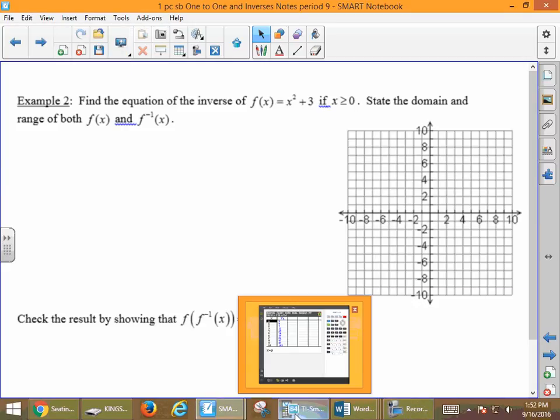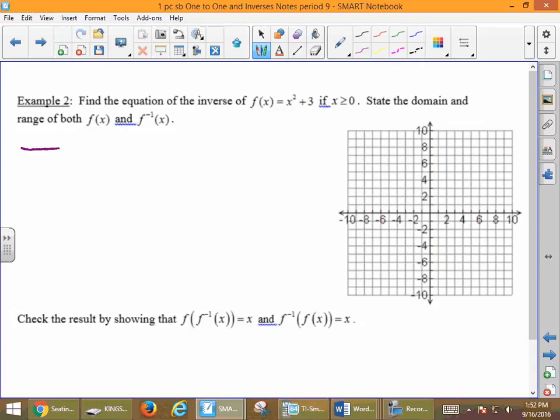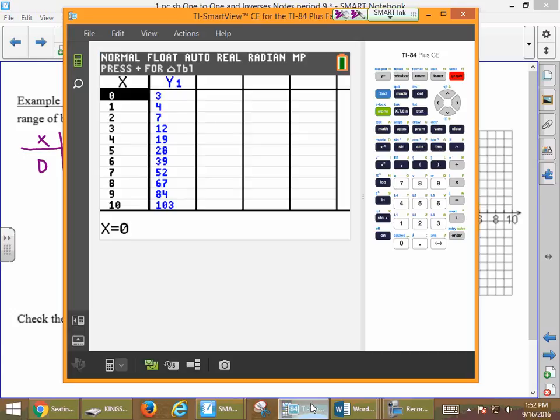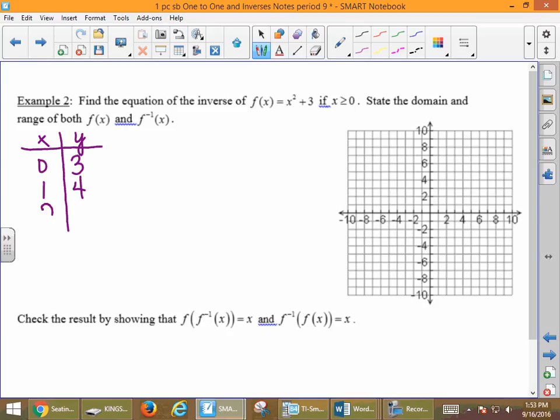So again, if we look at our table here, we've got 3 values that we can graph. We've got 0, 3, and we have 1, 4, and 2, 7.